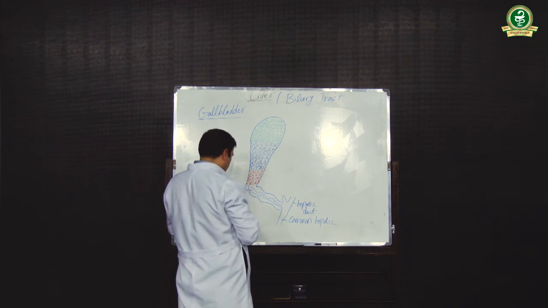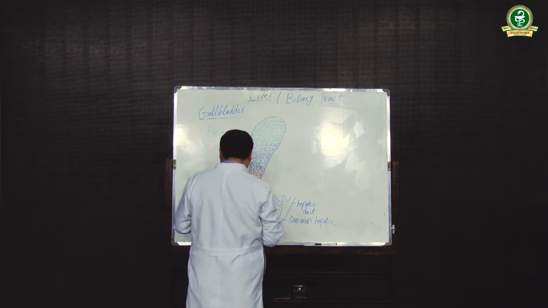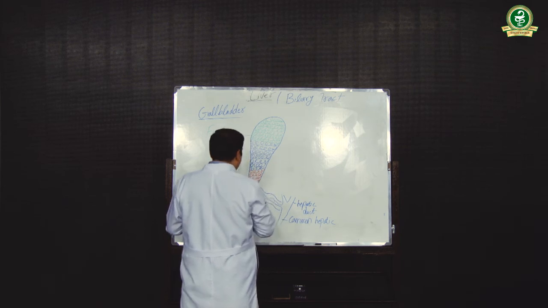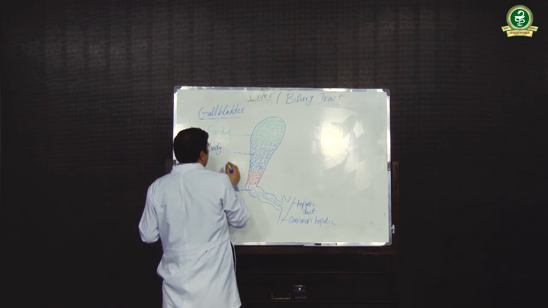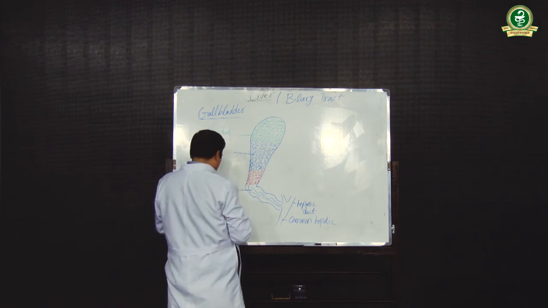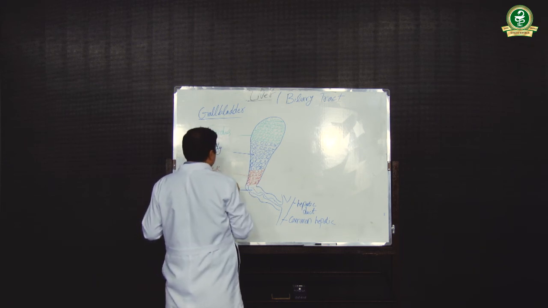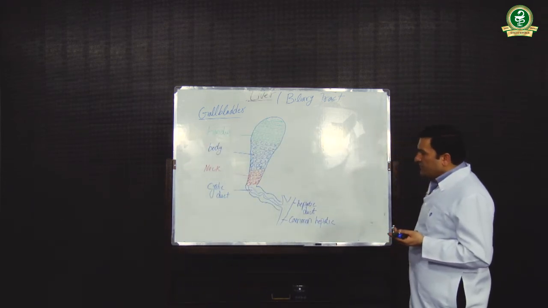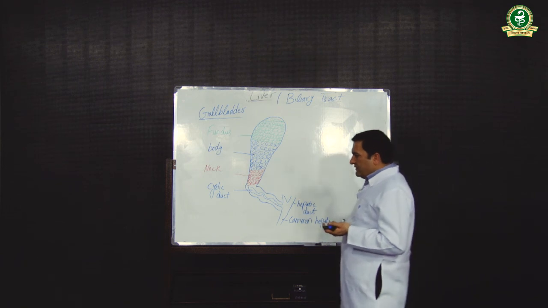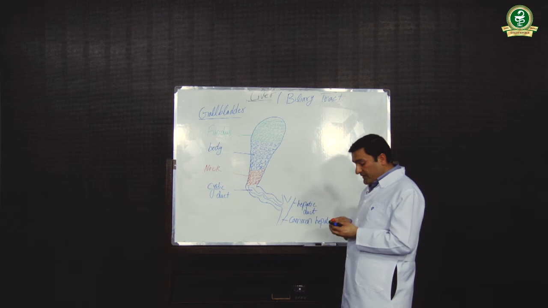The superior portion is known as the fundus, then the gallbladder body, and also the neck. It is divided into three parts: fundus, body and neck. There is also the cystic duct, a hepatic duct, and the common hepatic duct.